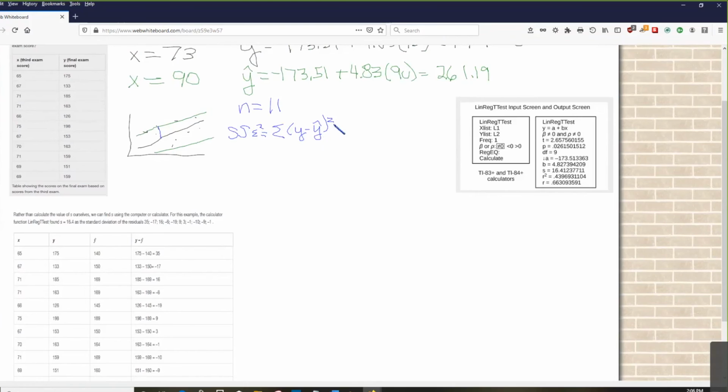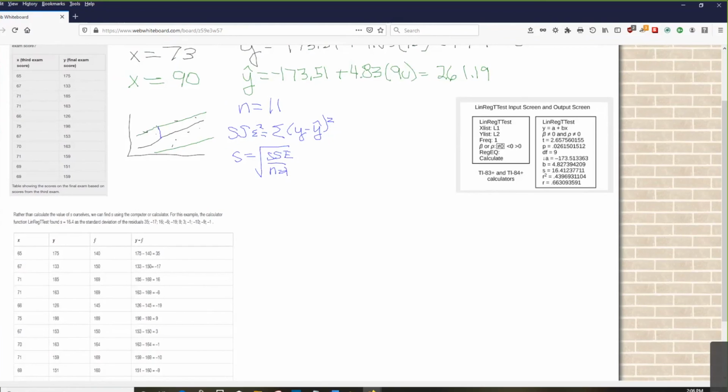And then the formula for our standard deviation is going to be the square root of our sum of squared errors divided by N minus 2.